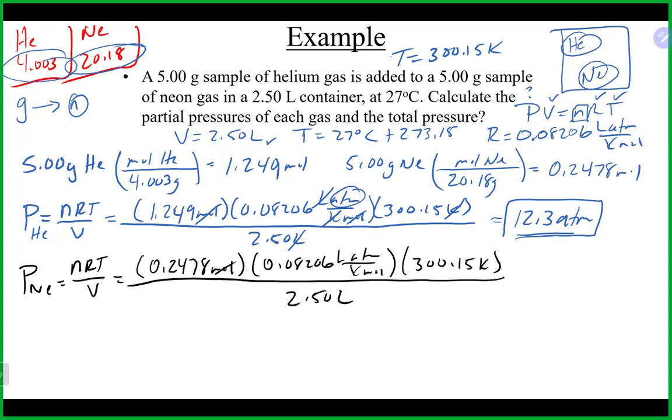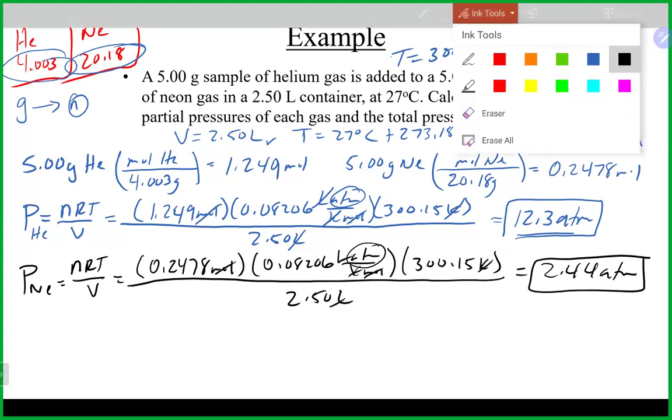Just like previously, our Kelvin and moles are going to cancel, and our liters are going to cancel, leaving us just atmospheres. That's 0.2478 times 0.08206 times 300.15 divided by 2.5, which gives us 2.44 atmospheres. That again would be the partial pressure of neon. Any questions on that one?